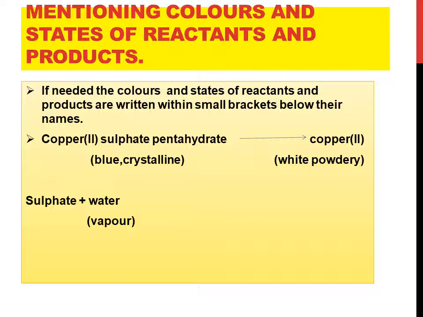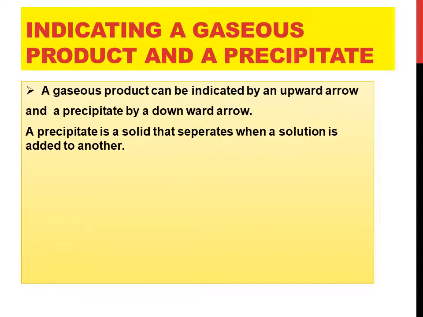After the reaction has occurred, it gives copper sulfate, a product that is white and powdery in nature. Remember, white is a color and powder is a state. And it gives water in the vapor state. So that is how we can make our equation more informative by mentioning the color and state of the reactant and product. Let us move further.